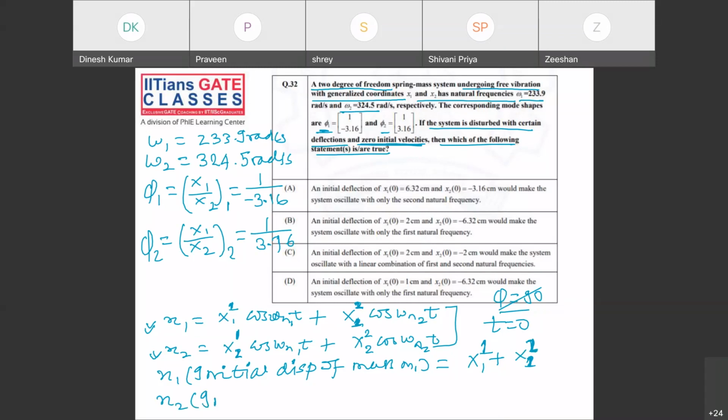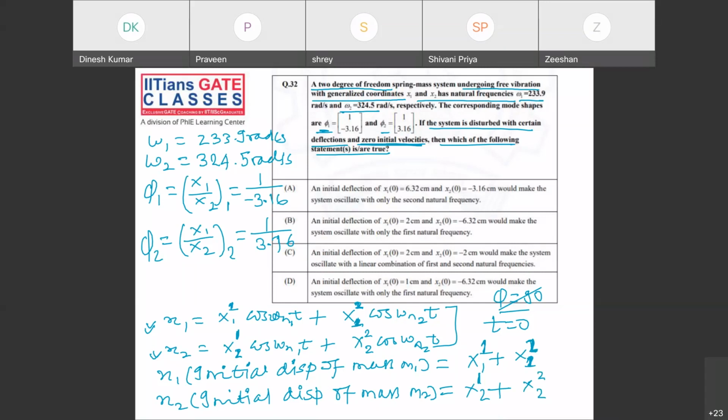It is the initial displacement of mass m2. So it is x2 corresponding to the first natural frequency, then x2 corresponding to the second natural frequency.